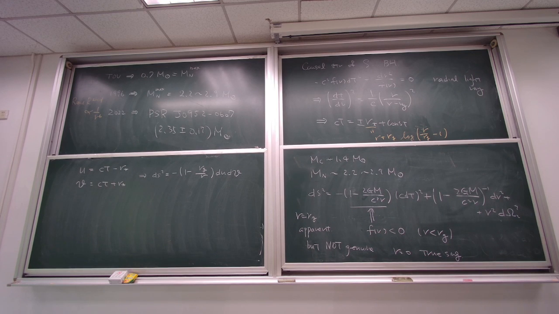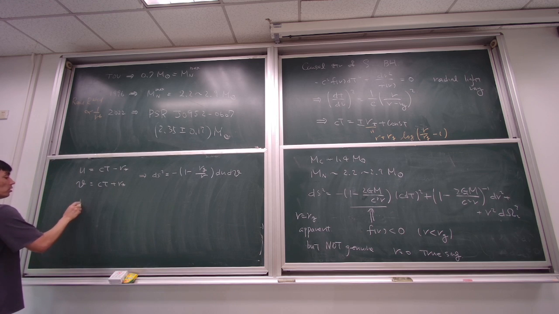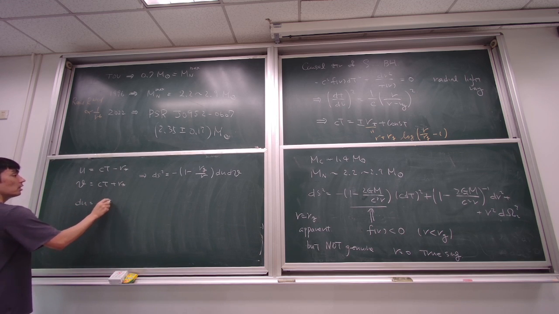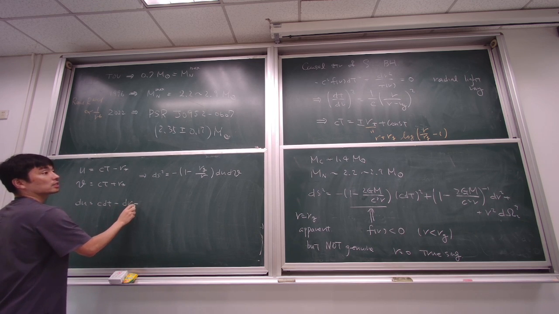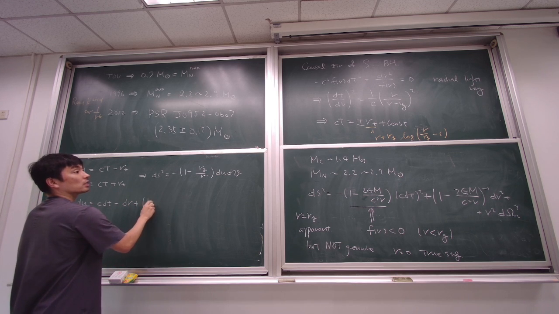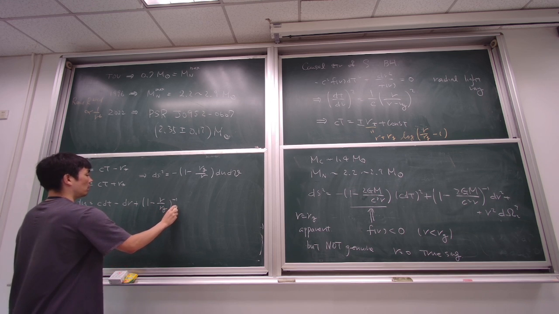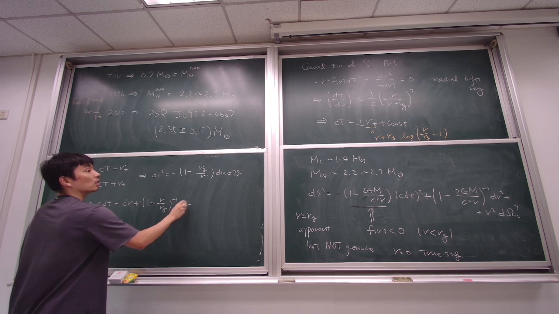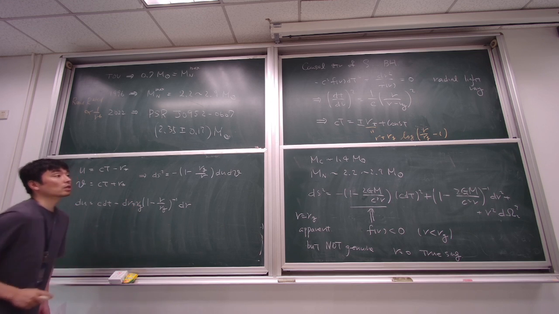Should I show the computation or not? I think it's okay, right? Anyway, du is equal to c dt minus dr star. dr star is dr times 1 minus rg over r inverse, right?